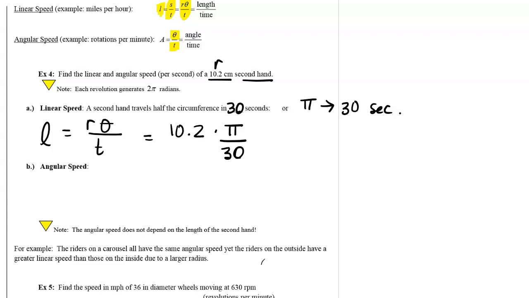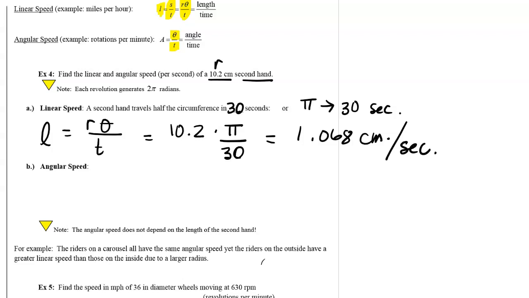You could also put 2 pi over 60, so you want some sort of ratio. So now you can just go ahead and multiply 10.2 times pi and divide it by 30, and you're going to get 1.068 centimeters is the distance per second.